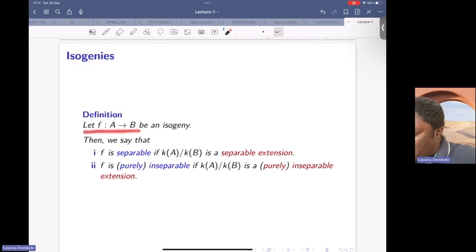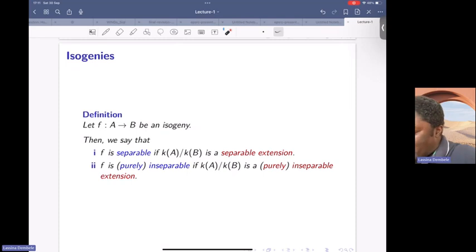You give yourself an isogeny F between two abelian varieties A and B, and the definition is the following. You would say that F is a separable isogeny if this finite extension of function fields is separable.